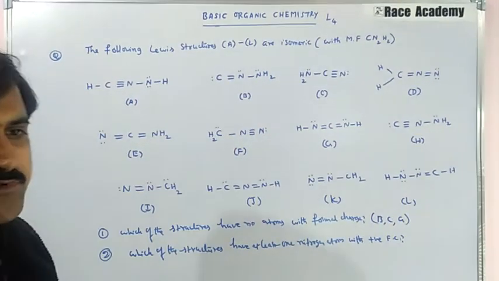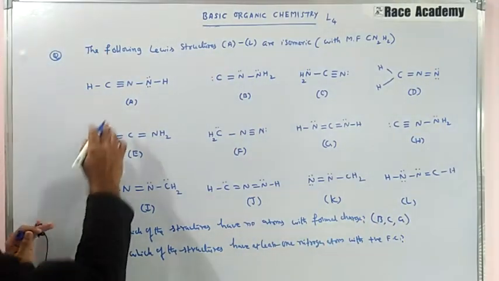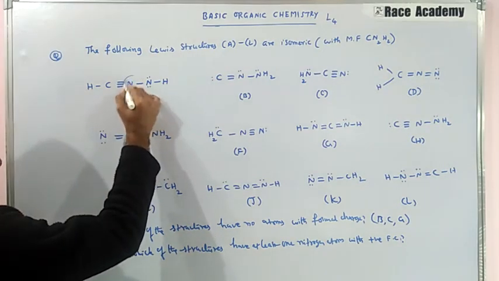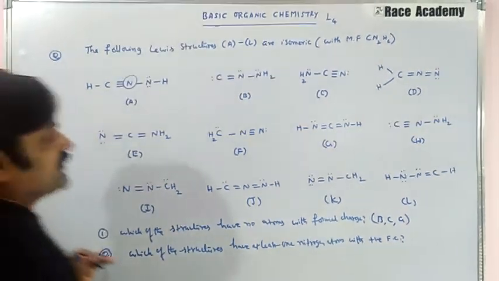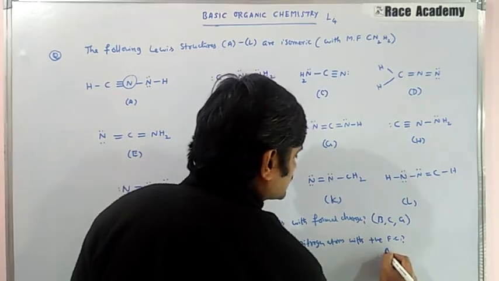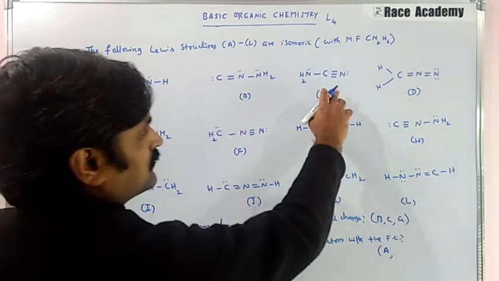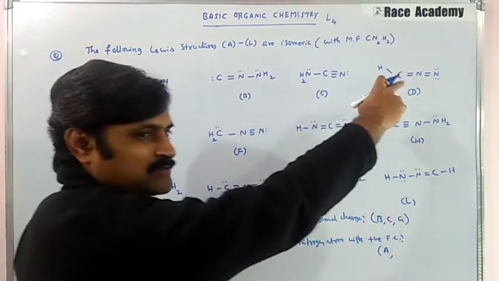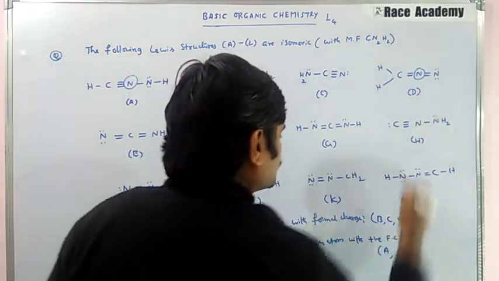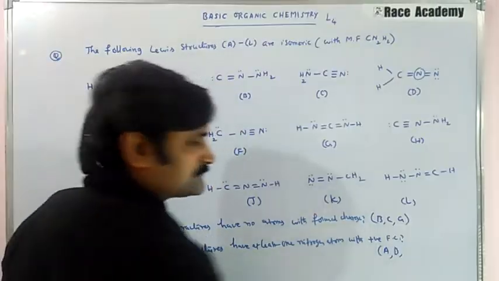Already we have observed such things. First one only I have told, here nitrogen should be positive. So we can take A for this question answer. Here nitrogen, next what will come? Here nitrogen will come positive. So you can take D.